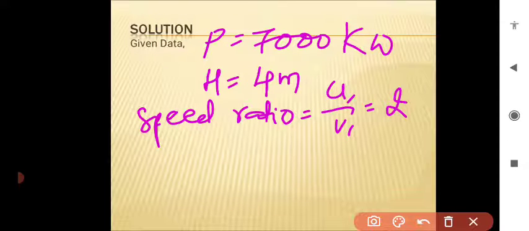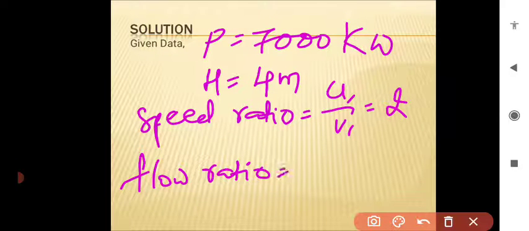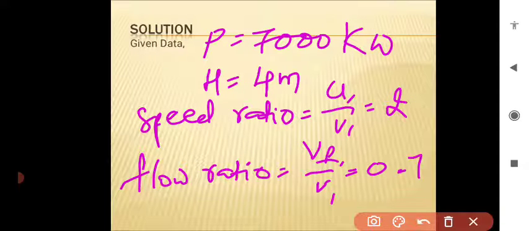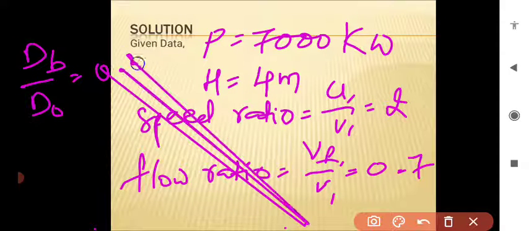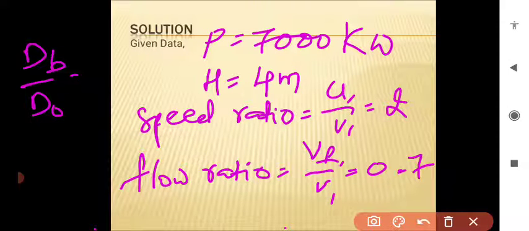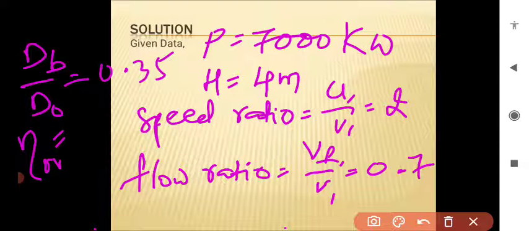Flow ratio Vf1 by V1 is equal to 0.7. Boss to runner diameter ratio dB by d naught is equal to 0.35, and overall efficiency is equal to 90 percentage. This is the given data.